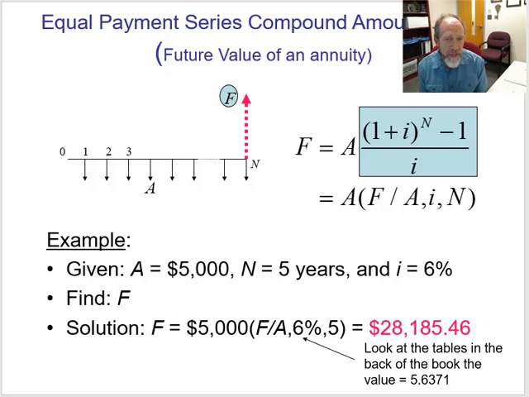The future value is the annuity, or the amount of each of the individual payments. And I'm not going to read the rest of the equation because you can see it. It's F equals A times (1 plus i) to the n minus 1, over i. So if you want to play with calculating this, and you should be able to calculate it, just plug in the numbers on this one: 5,000 over 5 years at 6%, find the future value.